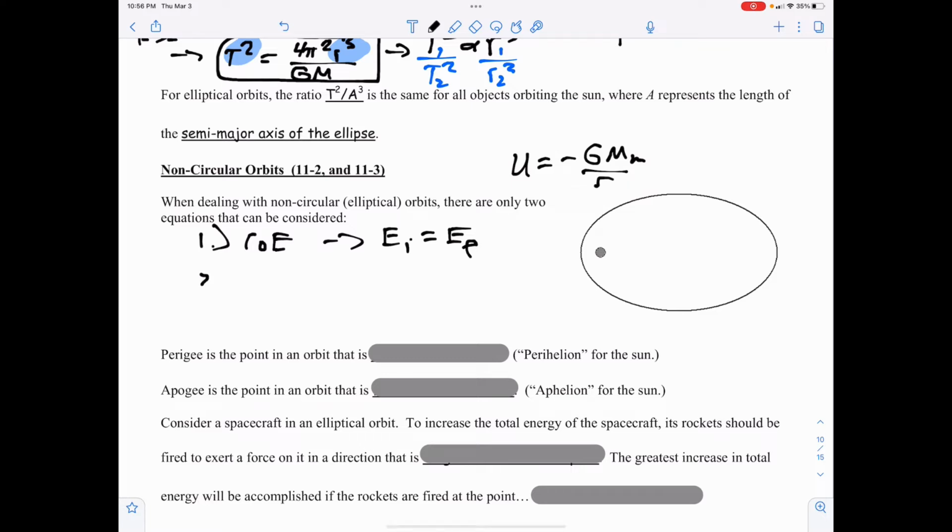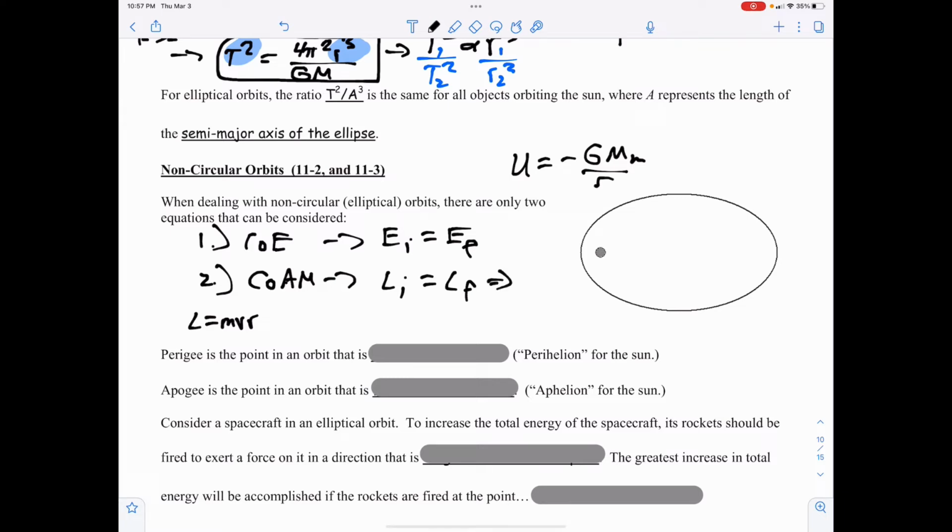The other equation that's very useful for these kinds of orbits is conservation of angular momentum: Li equals Lf. Since a planet is considered to be a point mass orbiting a star, we're looking at L equals mvr in that form of the equation.